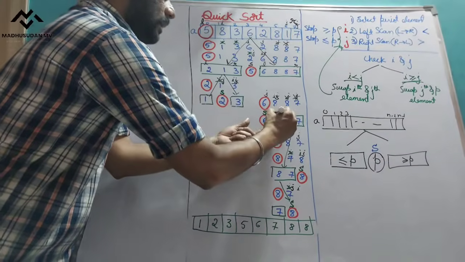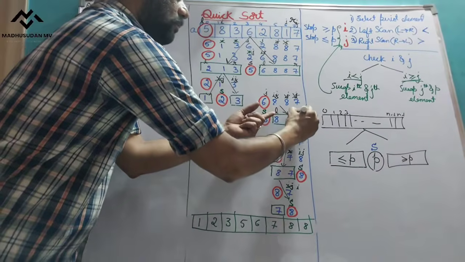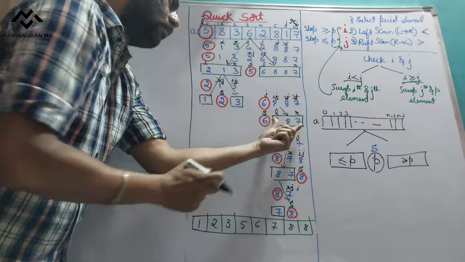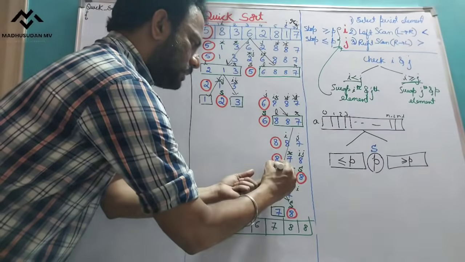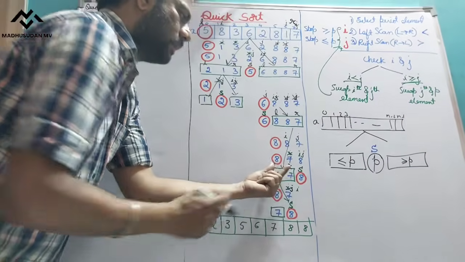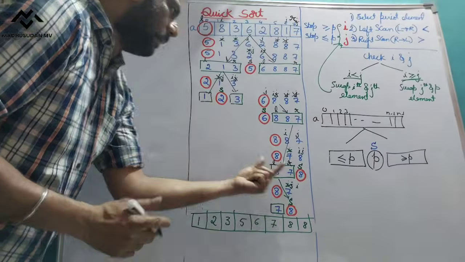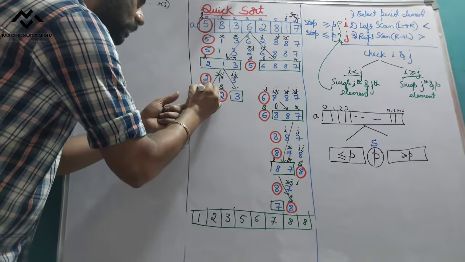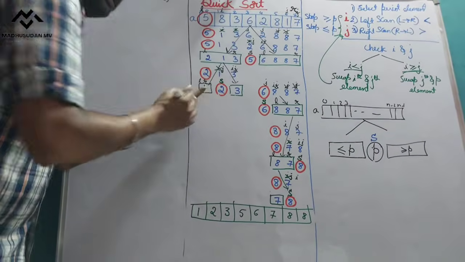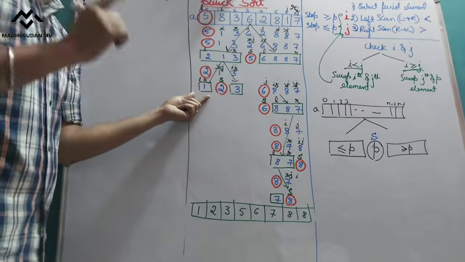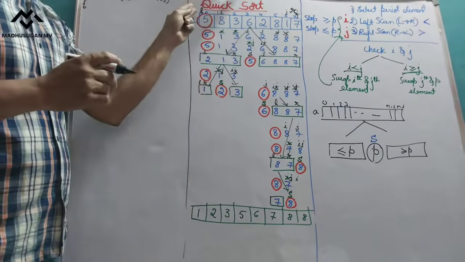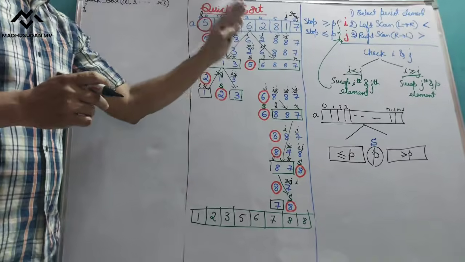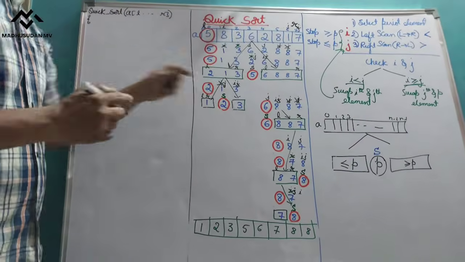Again here, L is less than R, more than one element. But here, if this one is the leftmost and this one is the rightmost, they are equal. Equal means only one element. That means when L is less than R, it indicates more than one element, and at that time it will split.